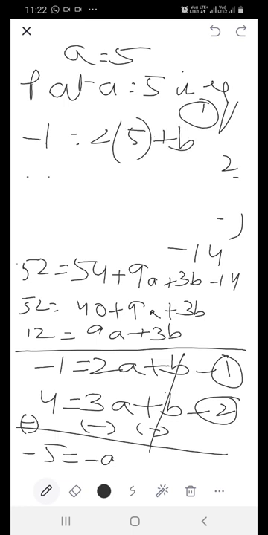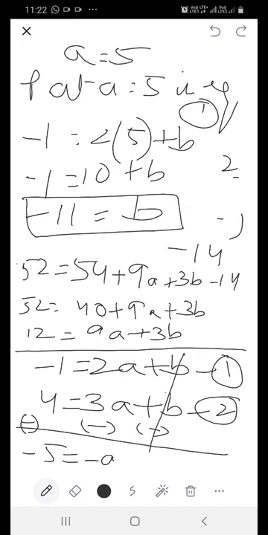Minus 1 is equal to 10 plus b. 10 will be transposed to the left. So the value of b will be minus 11. The value of a will be 5.